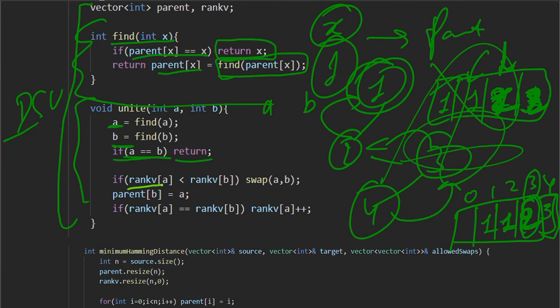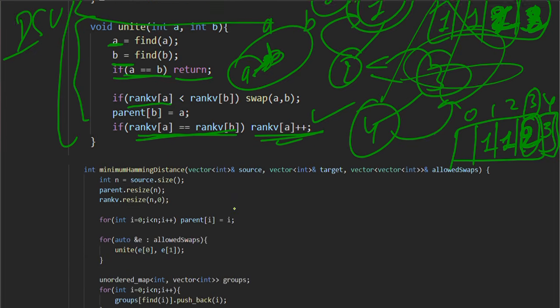If rank of a is less than b, then we connect component a to b and make parent of a as b. Or if both have the same rank, then we increase the rank of a. So this is a disjoint union set.